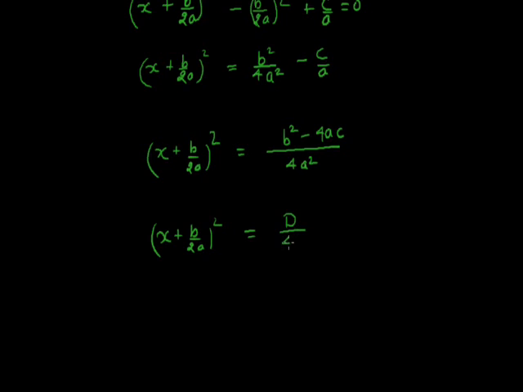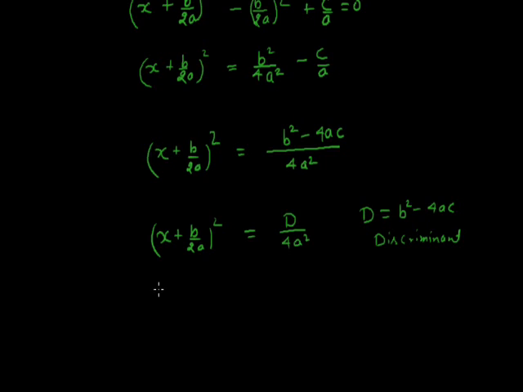D is the discriminant, we will discuss later. D is equal to b square minus 4ac. This is called discriminant, which decides the roots of the equation. So here b square minus 4ac is written as d.